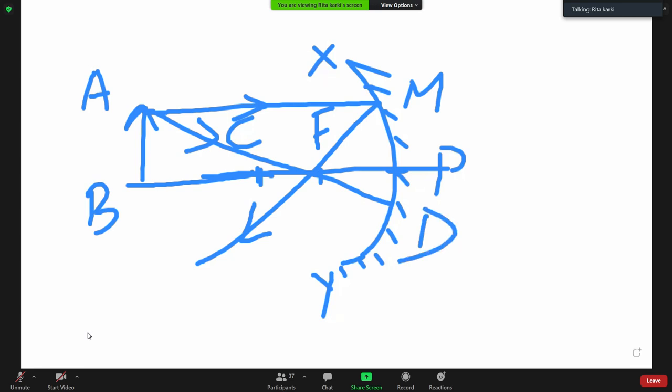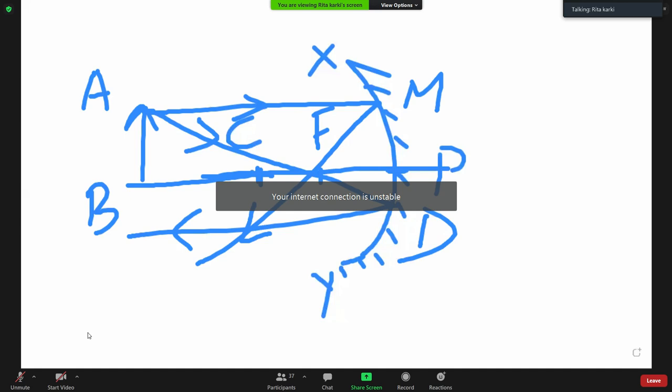If the incident ray of light AD passes through the principal focus, the reflected ray of light will be parallel to the principal axis, which is the second rule of the ray diagram.